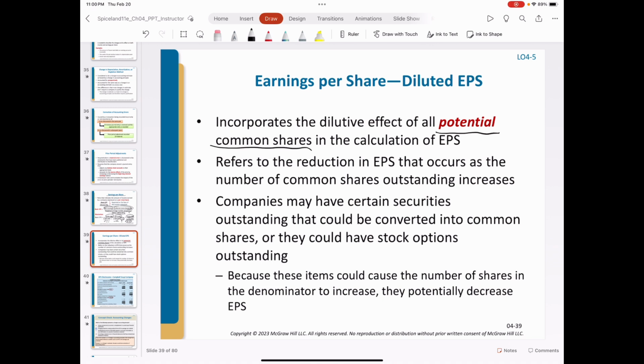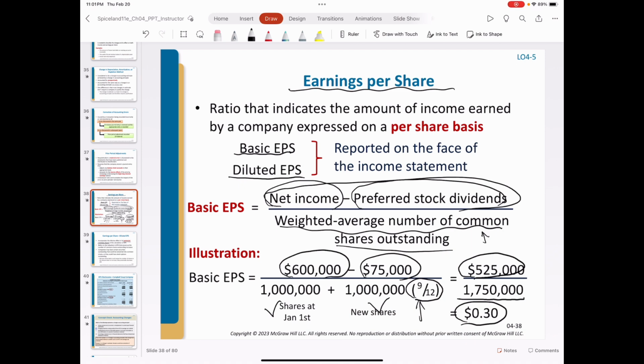For example, the convertible bond offers the creditors an option to convert the debt into common stock during a specific time based on a conversion rate. So these creditors actually are potential common equity holders, and this will increase the denominator, the number of shares outstanding.